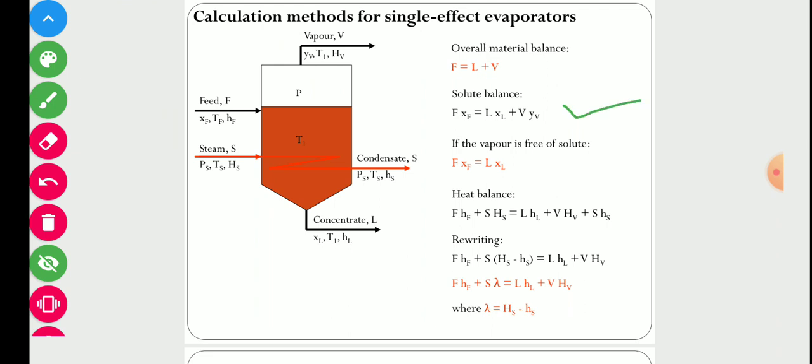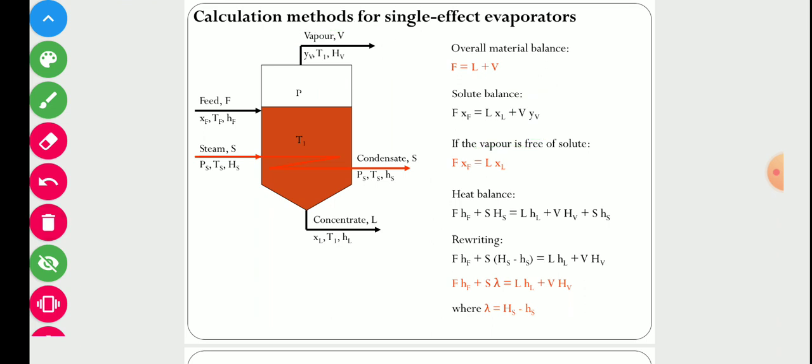Now if the solute is non-volatile, the amount of solute in the vapor phase will be negligible, or we can say there will be no solute in the vapor phase. So this term will be 0, because YV equals 0. So the final solute balance will be this one.